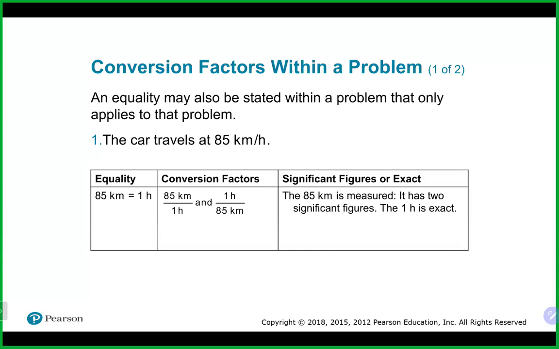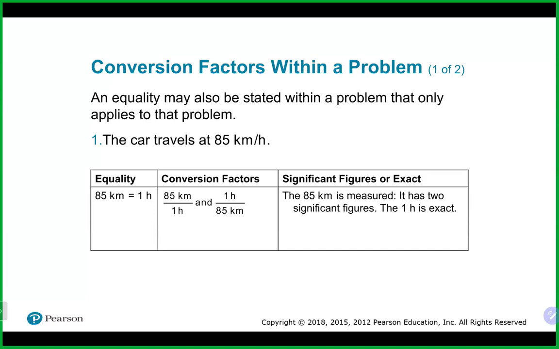Now, as we've been talking about, where you do have to take into account that metric to English conversion, a lot of times in problems, you are given a conversion factor within the actual problem itself. So for example, if you had in a problem that your car is traveling 85, obviously our metric system here, 85 kilometers per hour. That is a conversion factor that you can use.